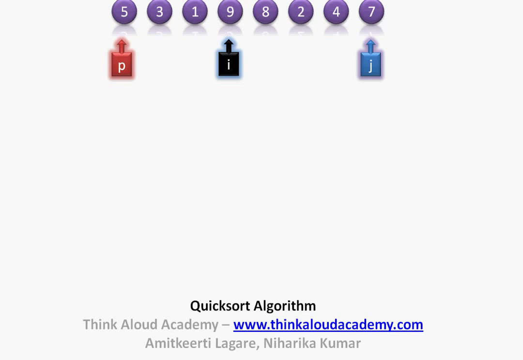Now the condition for j is that it should keep moving as long as it points to an element which is greater than the pivot. If j points to an element which is less than the pivot, it has to stop at that point.